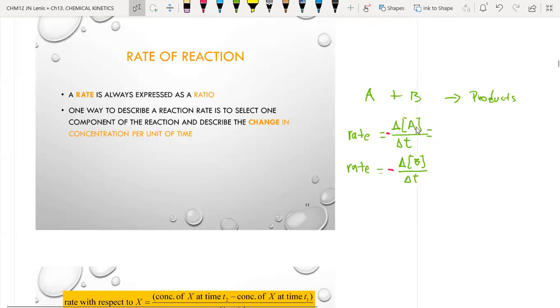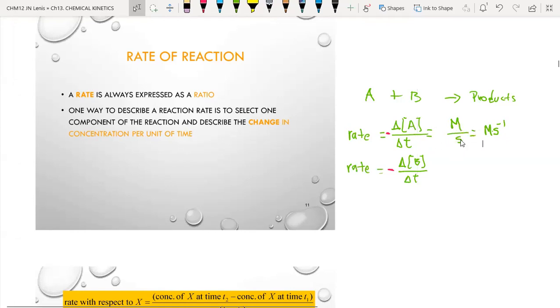What is the unit of concentration? Molarity over time, which is seconds. So these are the units of rate. How can you express this? A different way to express this, you can say molar seconds -1. Two ways to represent the rate of the reaction of any particular compound, any particular reactive.